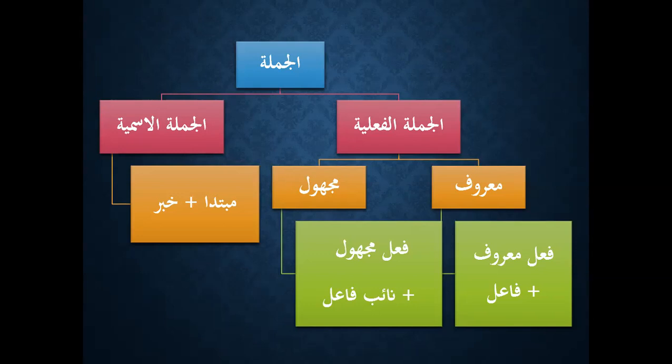There's a fi'l, that is active verb, and the doer. So you have to have the subject. You can have an object, an additional thing, but you do not have to have an object. Whereas in passive voice, you just deal with the object and you do not mention the subject.